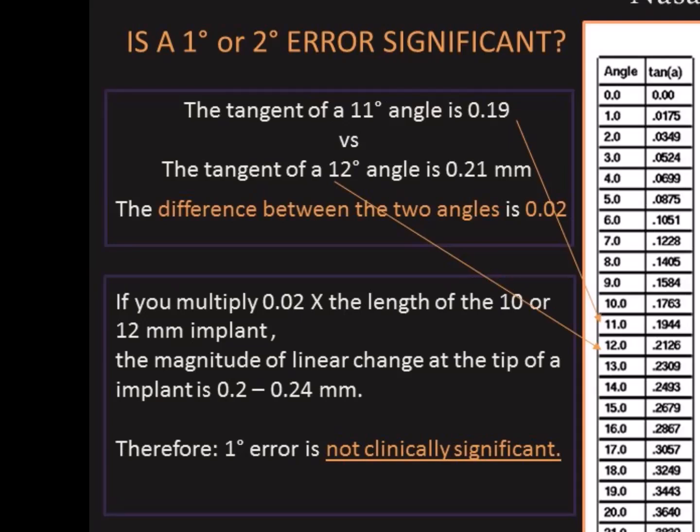The tangent of a 12-degree angle is 0.21. The difference between the two angles is 0.02. If you multiply 0.02 times the length of the 10 or 12 millimeter implant, the magnitude of a linear change at the tip of the implant is 0.2 to 0.24 millimeter. Therefore, 1 degree error is not clinically significant.